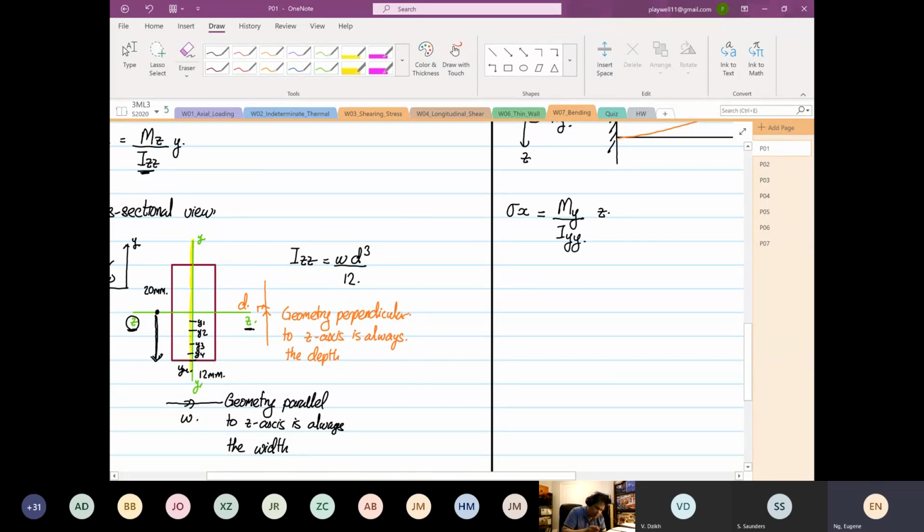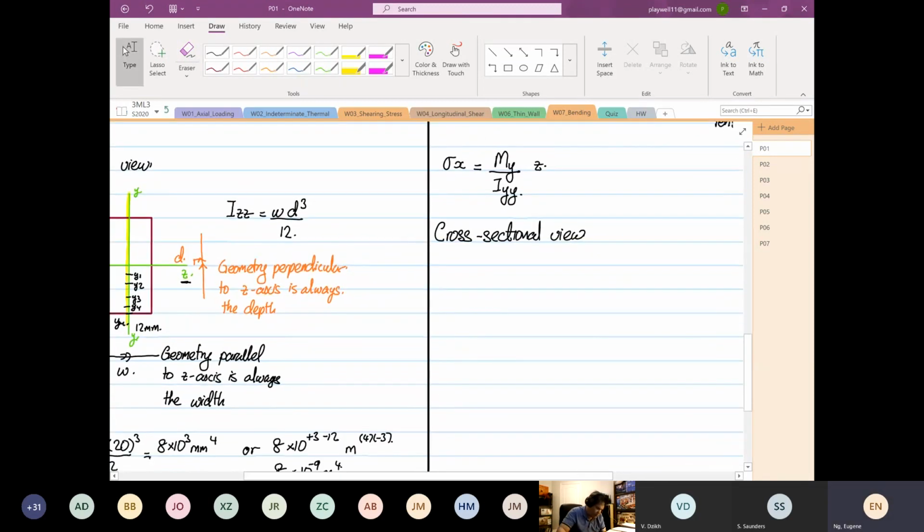Okay. So we're going to look at our cross-sectional view. The cross-sectional view is still the same. I'm not going to rotate my cross-sectional view at all.